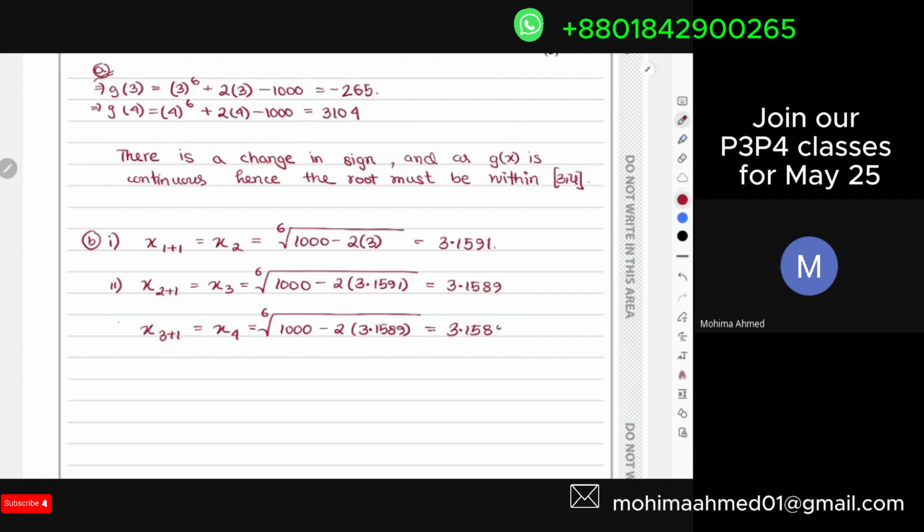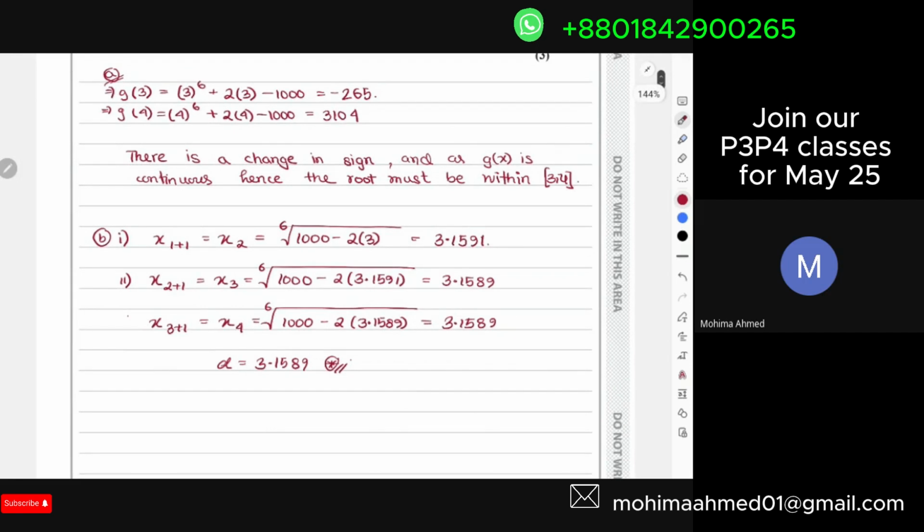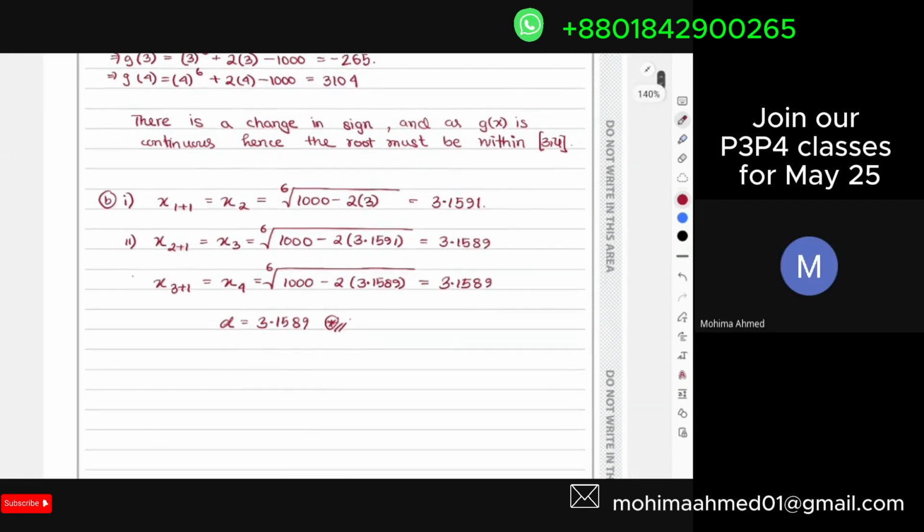After this, I got the same answer twice. Even if I continue with this, I'm going to get the same answer again and again, 3.1589. That means this is the value for alpha, 3.1589. That's the correct answer over here. Is this clear, Tamit? Yes, ma'am. Okay, so we are done with question 1.